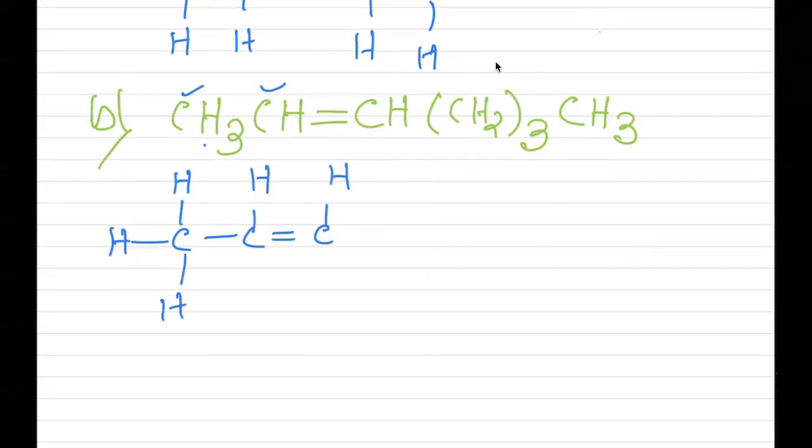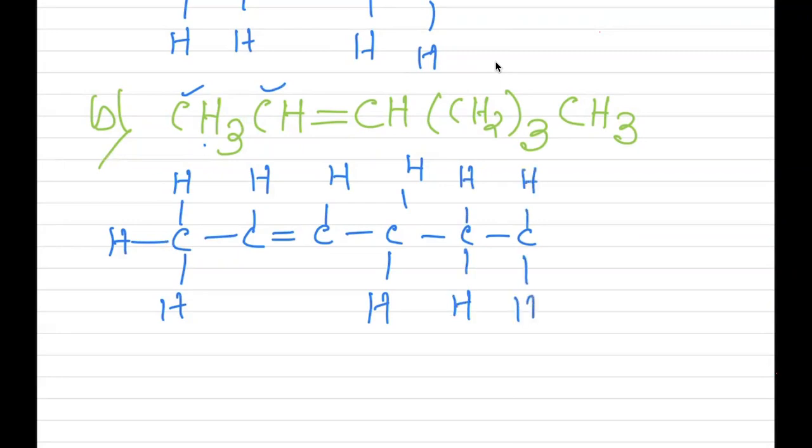And then here (CH2)3, that means 3 carbons will be there, each carbon bonded with 2 hydrogen, total 6. This is the dash line formula, the structural formula. Clear?